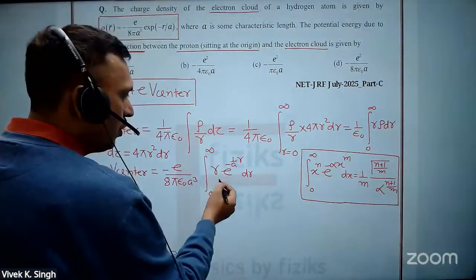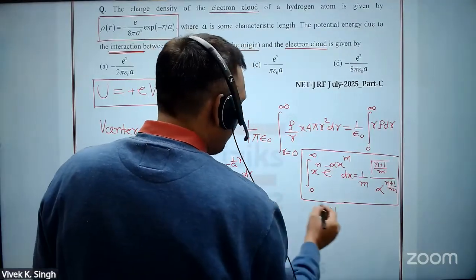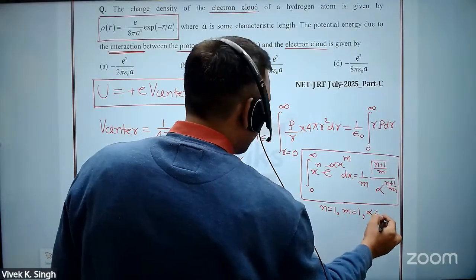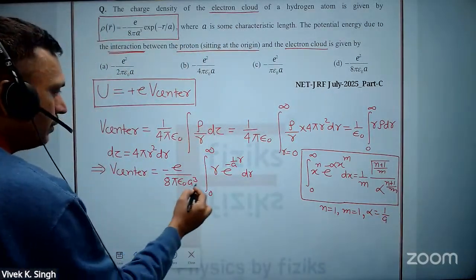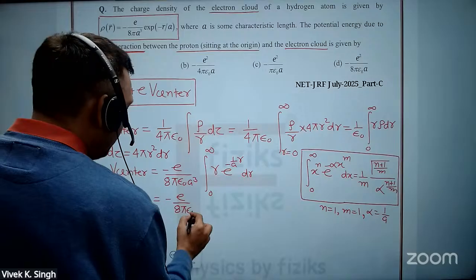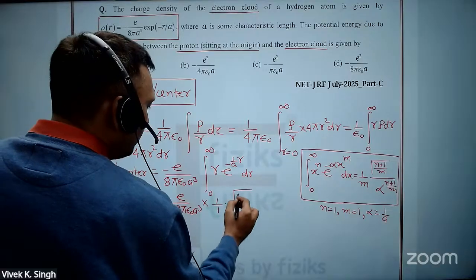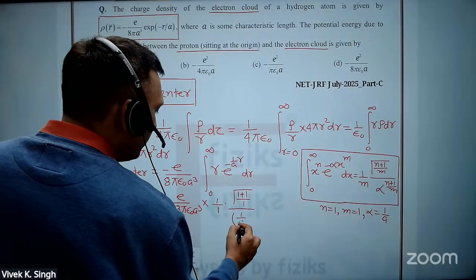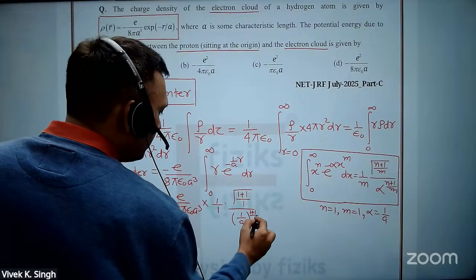So in this case, if you want to use this formula here, you have to take n equal to 1 because r power 1, m is also equal to 1, and alpha is 1 by a. So what you will get here, minus e by 8 pi epsilon naught a cube. So this is 1 by 1 gamma of 1 plus 1 by 1, 1 by alpha is a, power 2, that is 1 plus 1 by 1.